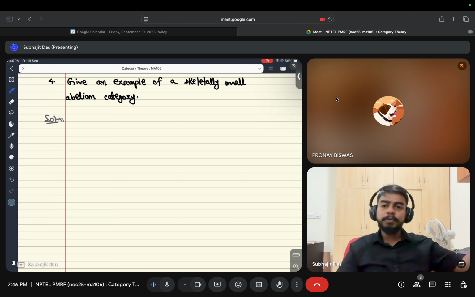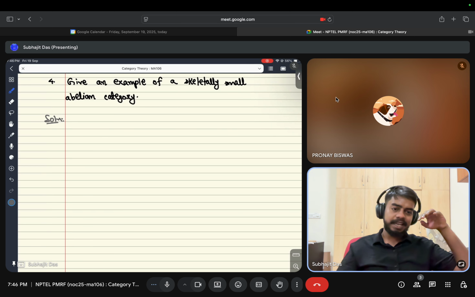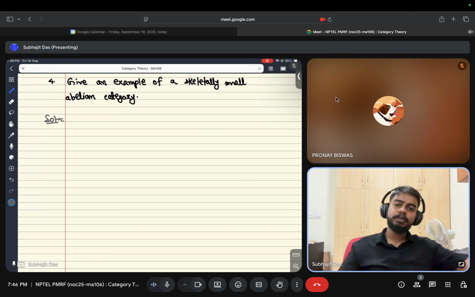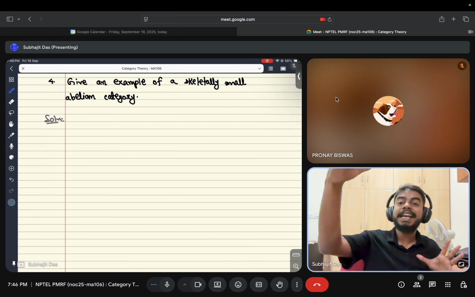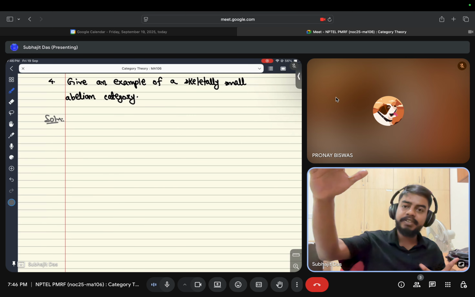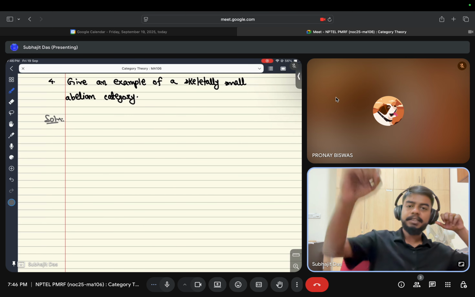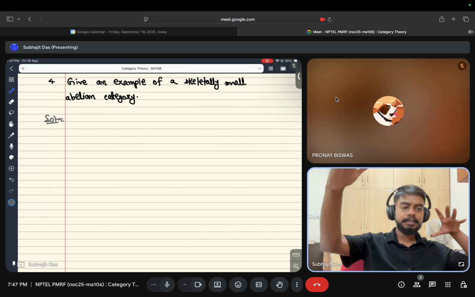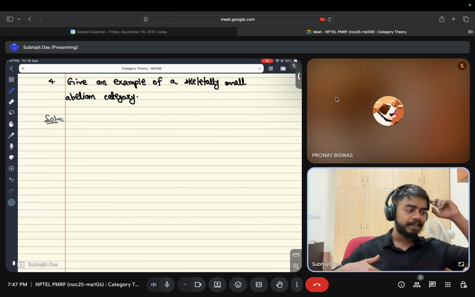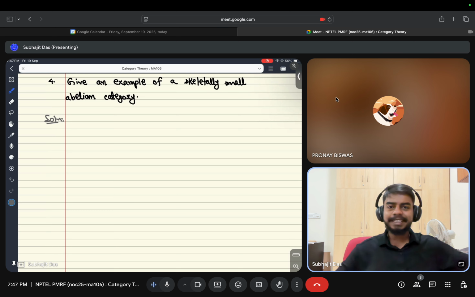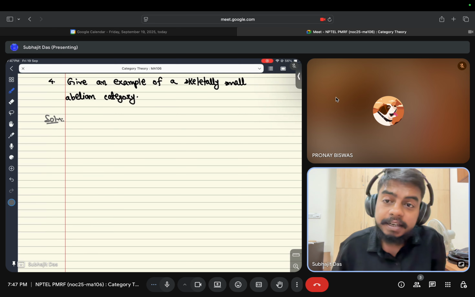The set of isomorphism classes of objects has a bijection to the set of natural numbers, right? So the class of isomorphism classes is actually a set. So this is a skeletally small category. Now we sort of want to algebraify, if that's a word, this example.